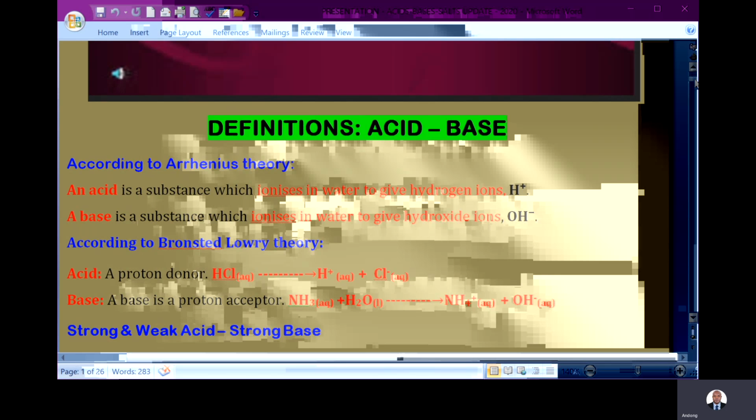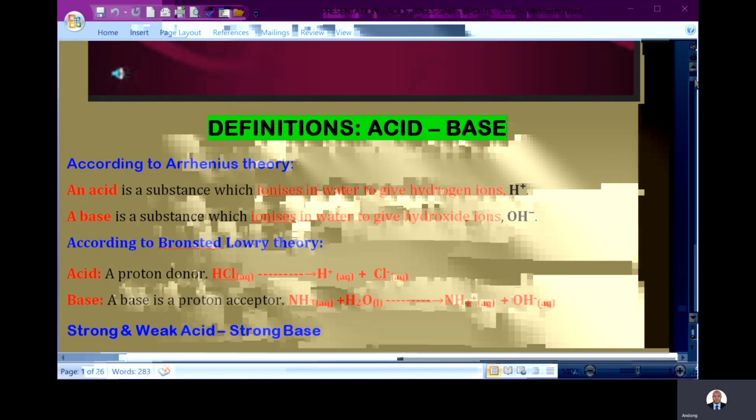Whereas the Bronsted-Lowry theory defines an acid as a proton donor. When an acid in solution ionizes, it donates a proton, which is positively charged in solution. We can now say that an acid is a proton donor.